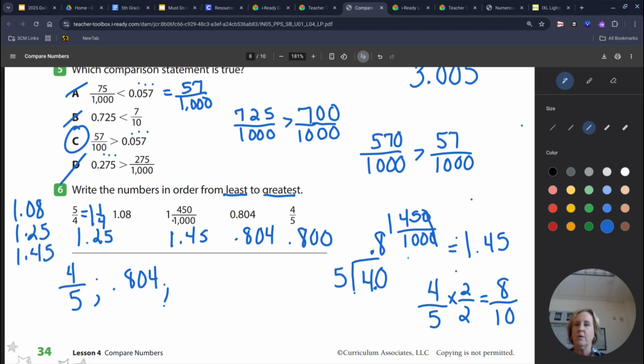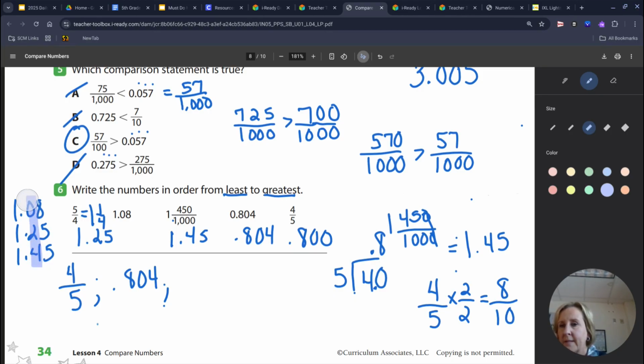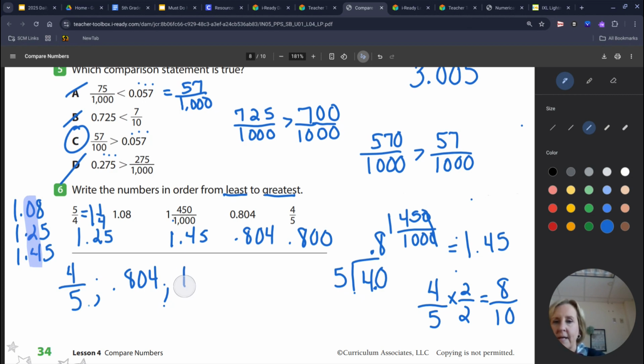All right, so I can see right now that when I compare my columns, the column I'm looking at, it's the tenths that are different. Once I realize that, I can see clearly that I'm going to have 1 and 8/100 next as the smallest with a value of 1 or over 1.